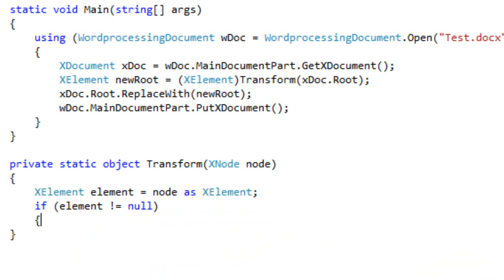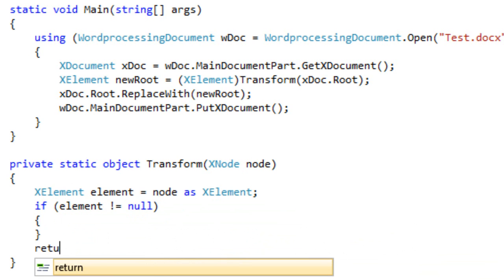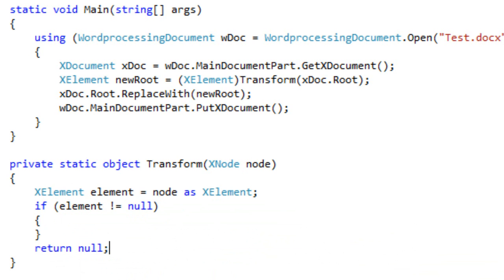If you've been following along, this code is probably now very familiar to you. We need to write our identity transform.